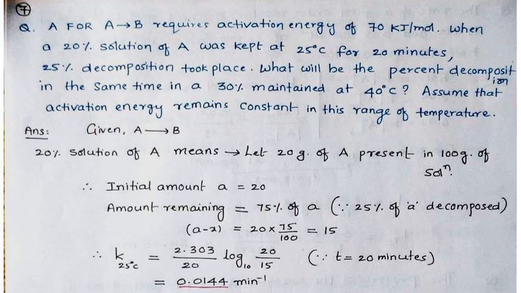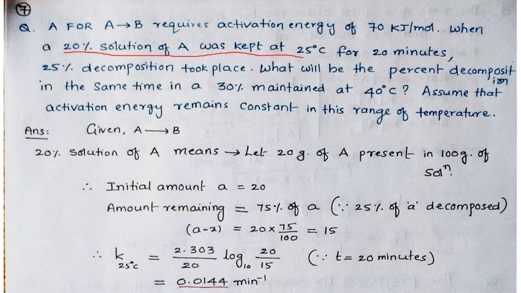20% solution of A was kept at 25 degrees centigrade for 20 minutes. You should have some minimum idea about solutions and percentage calculations. 20% solution of A means, let 100 grams of solution be present.